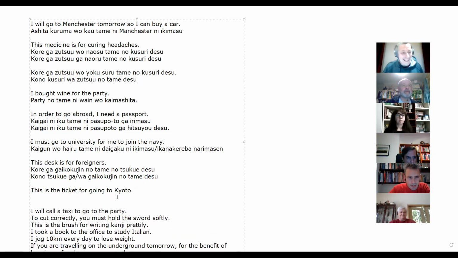Okay, Monya, this is the ticket for going to Kyoto. これが、京都に行くためのチケット。 Well, chiketto is actually one way of saying this.